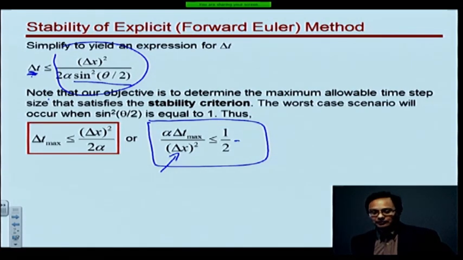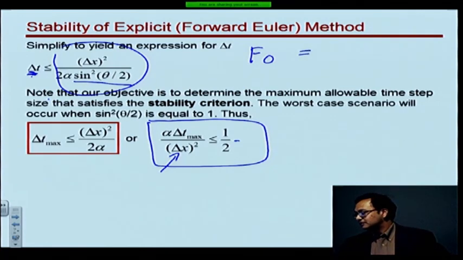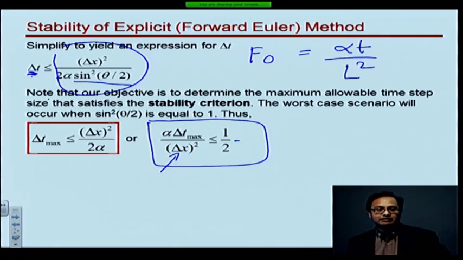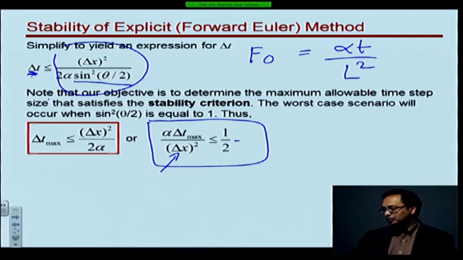So the Fourier number is denoted, typically in heat transfer books, they either call it the Fourier number or they just write it as t star, non-dimensional time. This is alpha t over L squared, where L is some characteristic length. If you go back to one-dimensional heat conduction in a slab, you will see that.